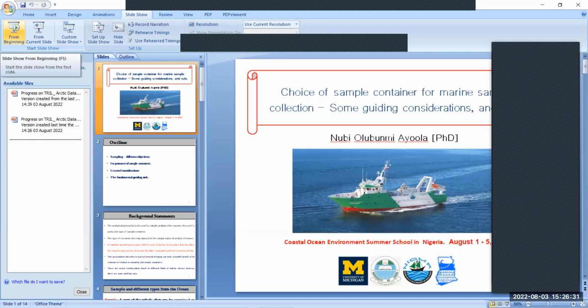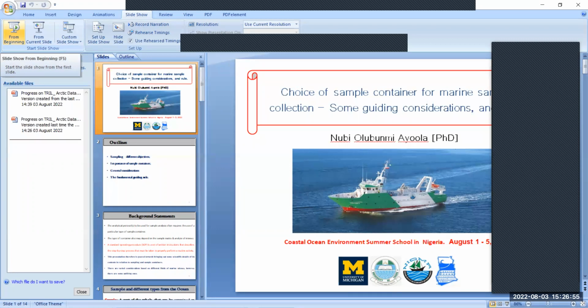My name is Nubi Olubunmi, and I will be taking an equally important aspect of this summer school, which is the choice of sample containers for marine sample collection.